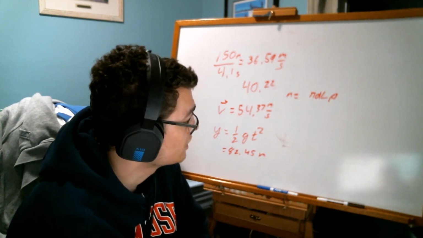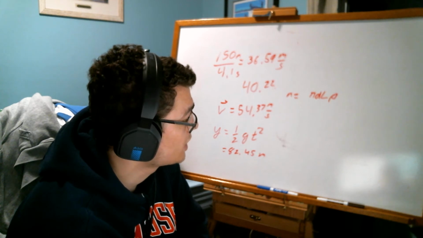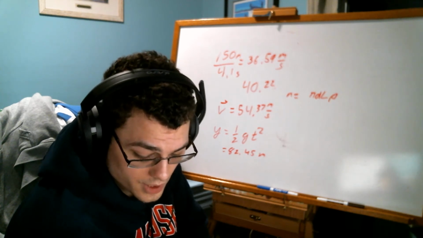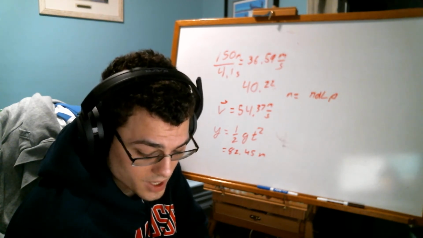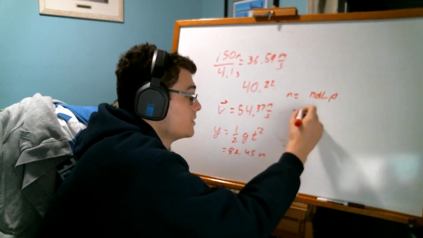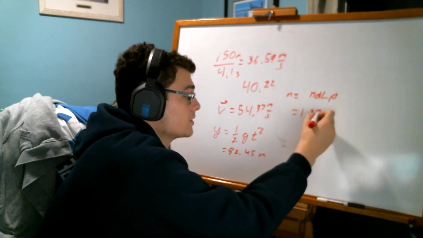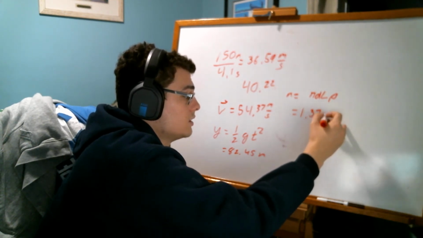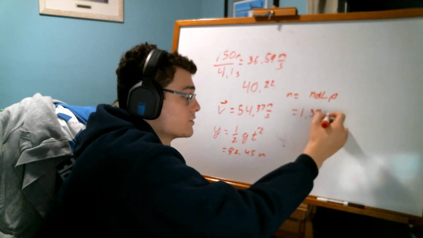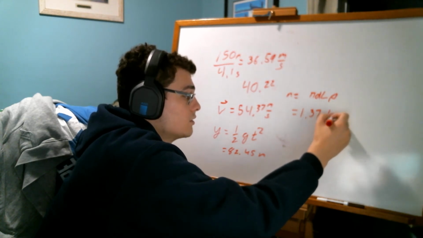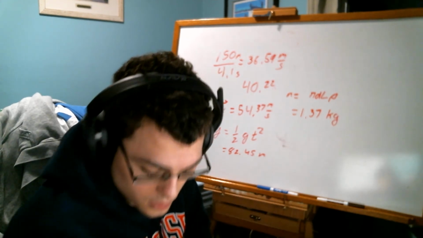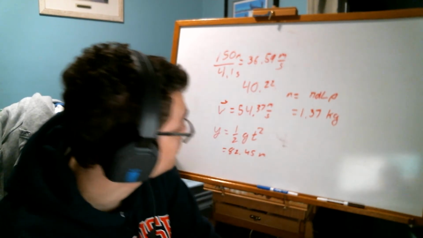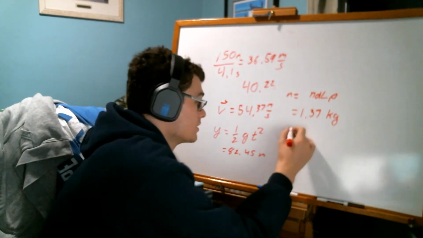So you just have D L pi rho, and that'll yield you your mass, and the mass of the arrow is going to end up being 1.37 kilometers, or not kilometers, kilograms.